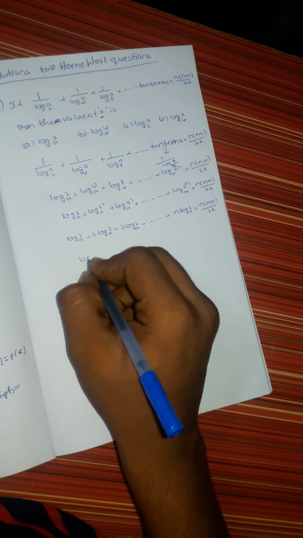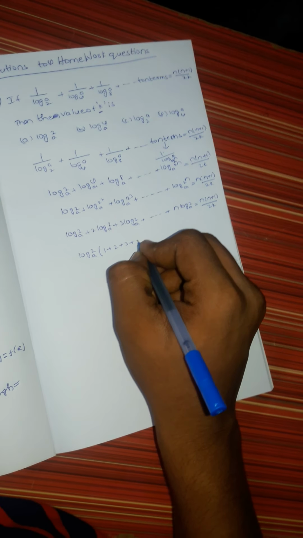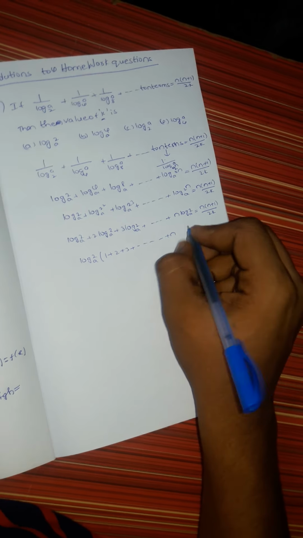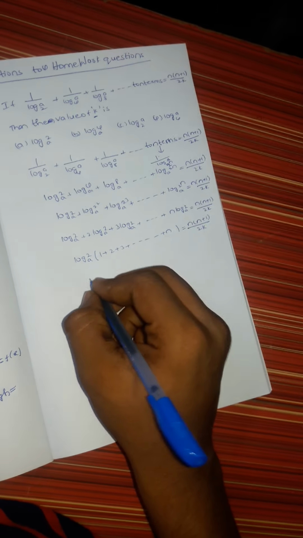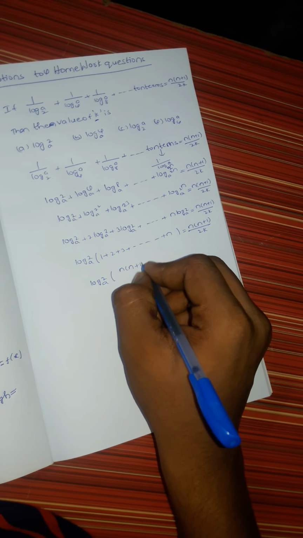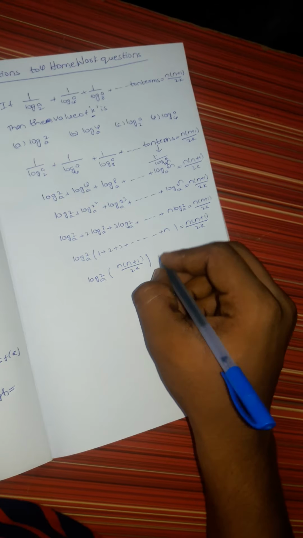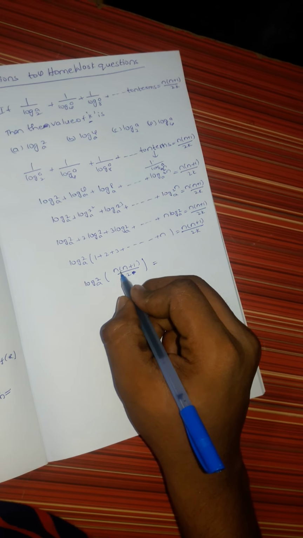Taking log 2 to the base a common, we get 1 plus 2 plus 3 plus and so on to n terms, times log 2 to the base a, is equal to n of n plus 1 by 2k. We know that the sum of the first n numbers is n of n plus 1 by 2.